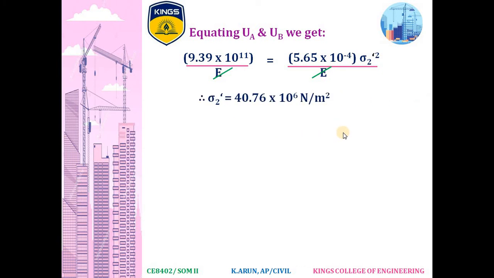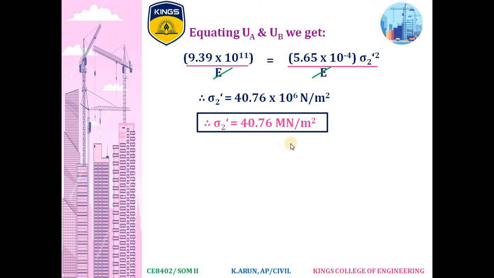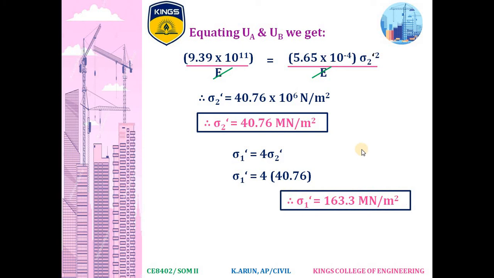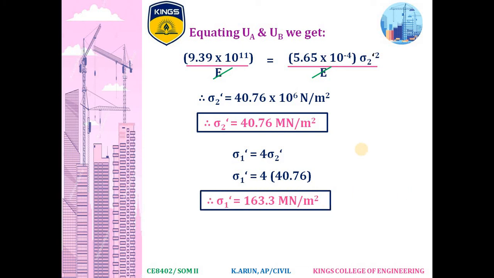On simplifying, sigma 2 dash will be 40.76 into 10 power 6 Newton per meter square. Since it is 10 power 6, I am writing it as mega Newton per meter square. We already found that sigma 1 dash is equal to 4 times sigma 2 dash. So 4 into 40.76 gives sigma 1 dash, which is equal to 163.3 mega Newton per meter square. So this is case 1.